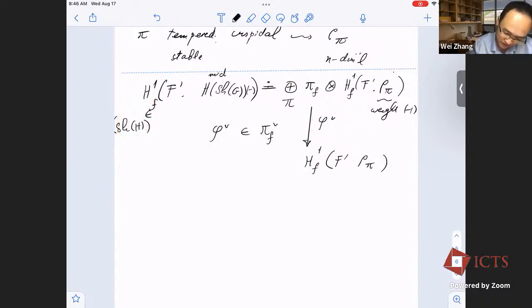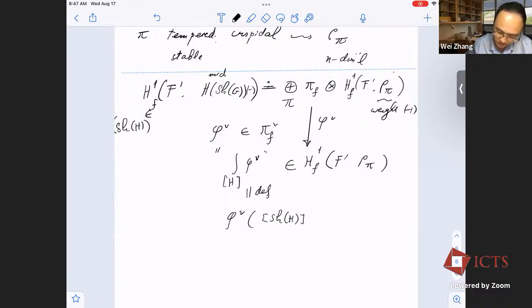I will denote it as an integral. The integral sign has no meaning. It's just a notation for this class, the image. By definition, this is the projection of this class to this.